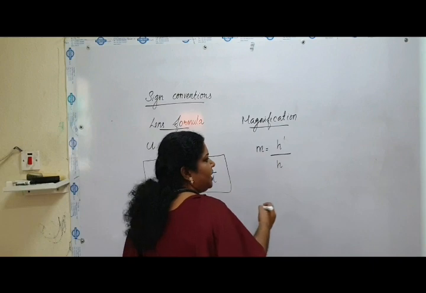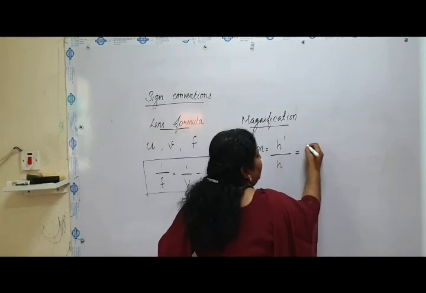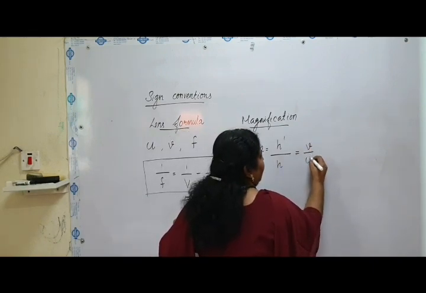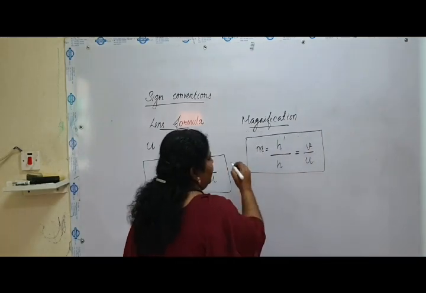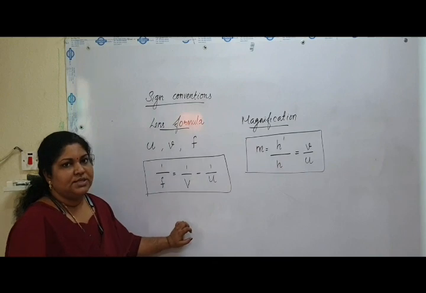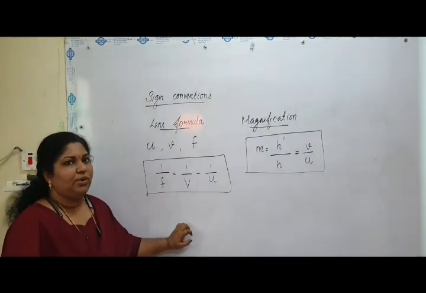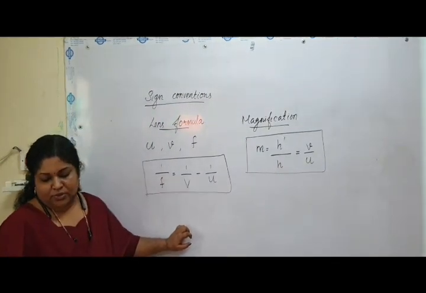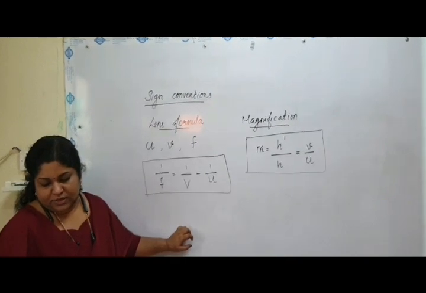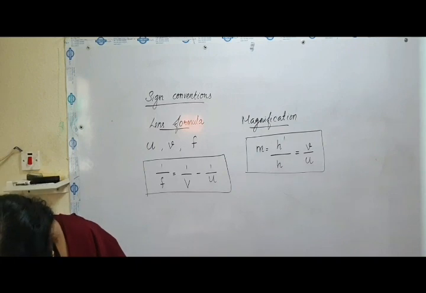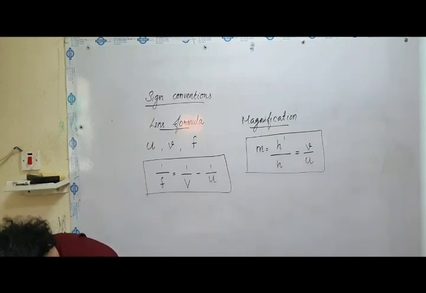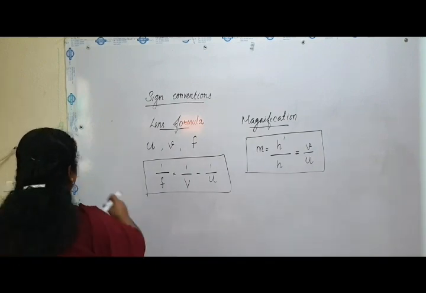And in the case of mirror, it was minus V by U. Here it is V by U. So this is the case for a lens. Magnification is h'/h = V/U. That is the case of magnification. Now depending upon the sign value, we can say which is positive, negative and all.